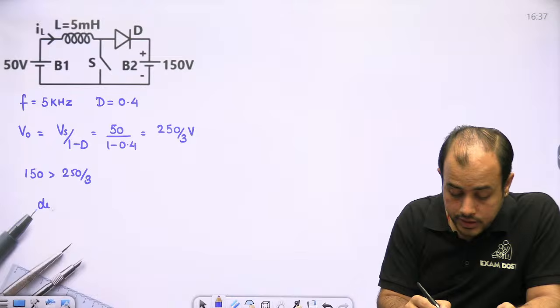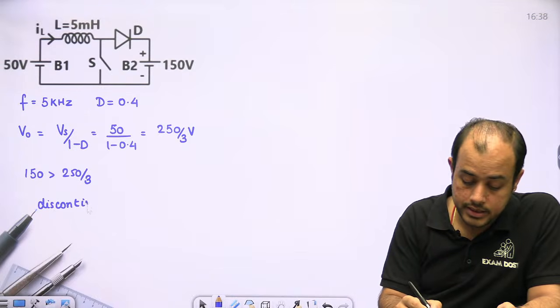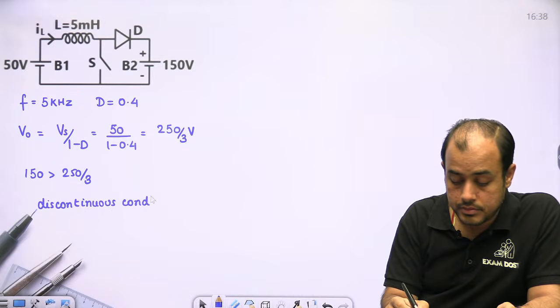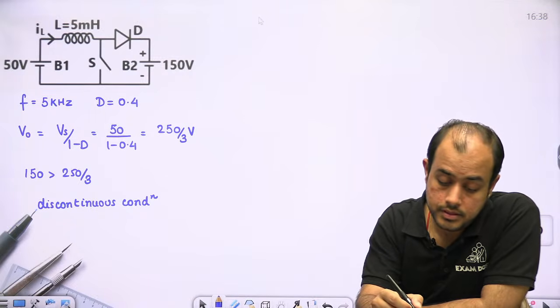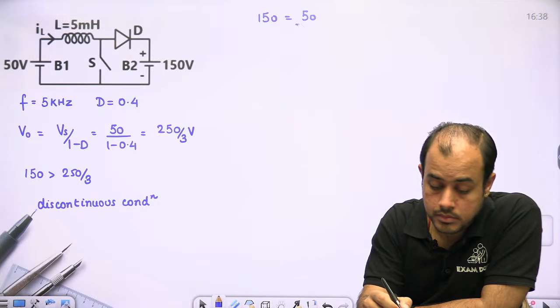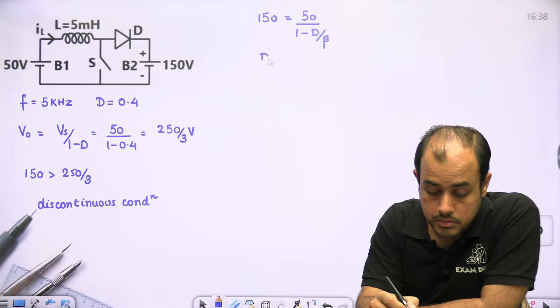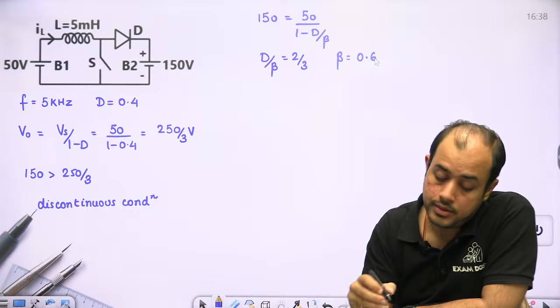So now the given V0 is higher than expected. So there will be discontinuous conduction. Okay, there will be discontinuous conduction. Theta will be 0.6.